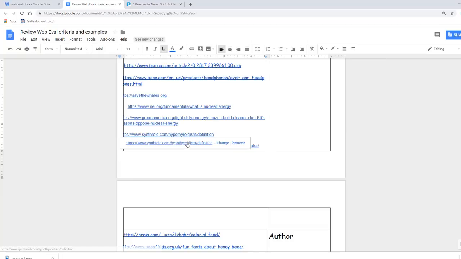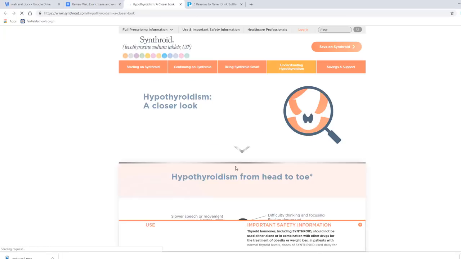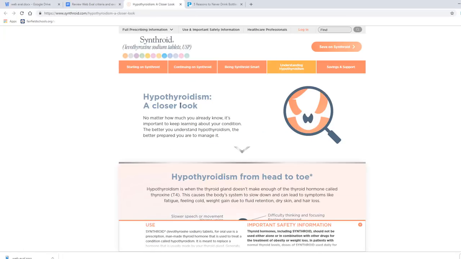Here's another one, last one. This is information on a disease called hypothyroidism, but it's published by a drug manufacturer that sells the medicine to treat it. So you might get good information on the disease and about taking their medicine, but you're not going to get maybe natural ways to treat this disease or alternative ways to treat this disease.